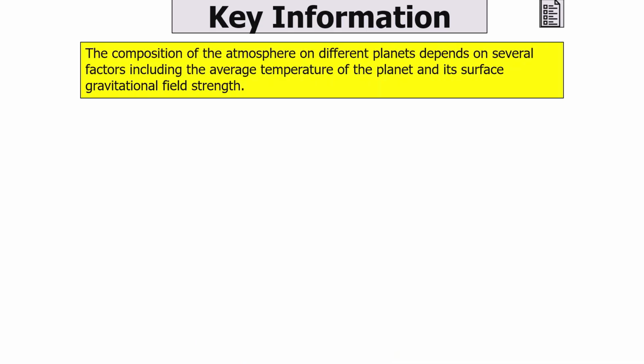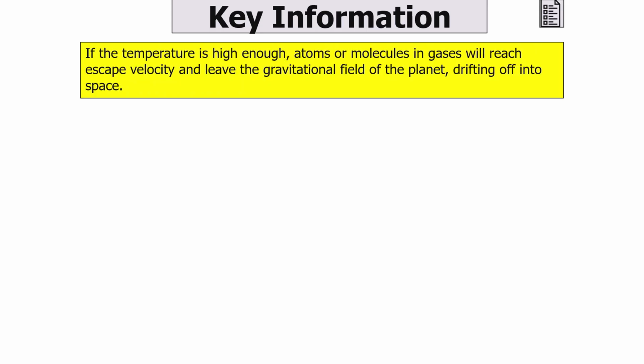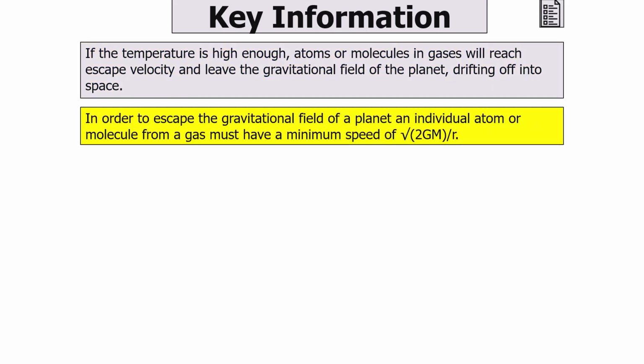Now, the composition of the atmosphere on different planets depends on several factors, including the average temperature of the planet and its surface gravitational field strength. If the temperature is high enough, atoms or molecules in gases will reach the escape velocity and leave the gravitational field of the planet, drifting off into space. In order to escape the gravitational field of a planet, an individual atom or molecule from a gas must have a minimum speed of v equal to the square root of 2GM over r.